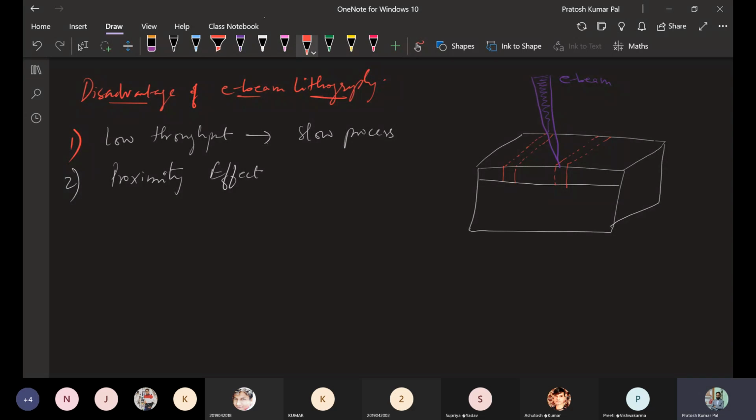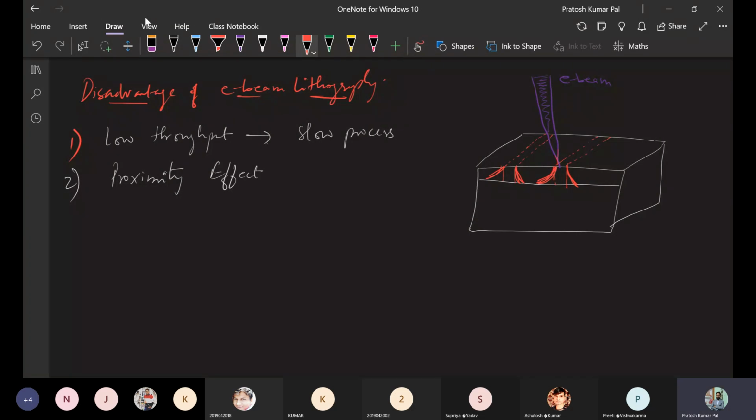Here, as the e-beam is exposed on the selected region, the e-beam gets scattered from the selected region. Because of scattering, this is the pattern that gets selected. Instead of a straight line, it will become similar to this, a curved line.